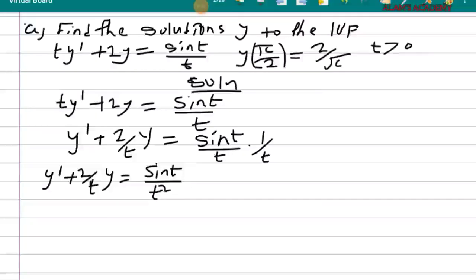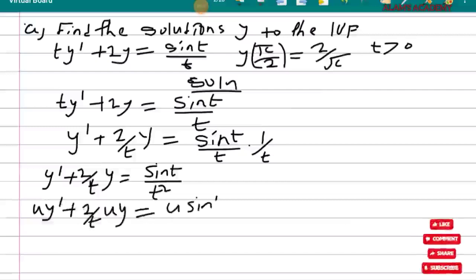Now multiply through by u, that is using the integrating factor method, where we represent the factor by u. So multiply through by u, I have u y prime plus 2 over t multiplied by u y, which is equal to, multiply this by u, sine of t over t squared.